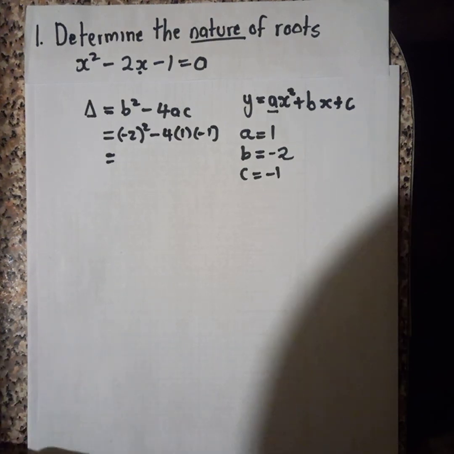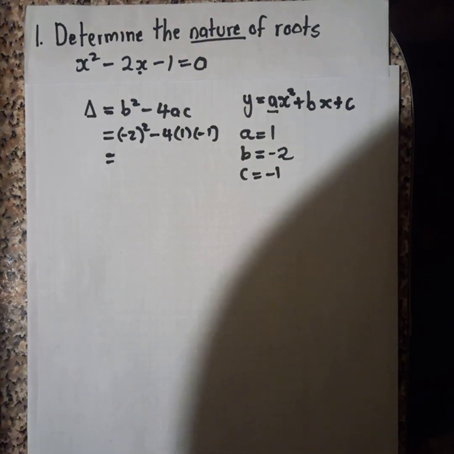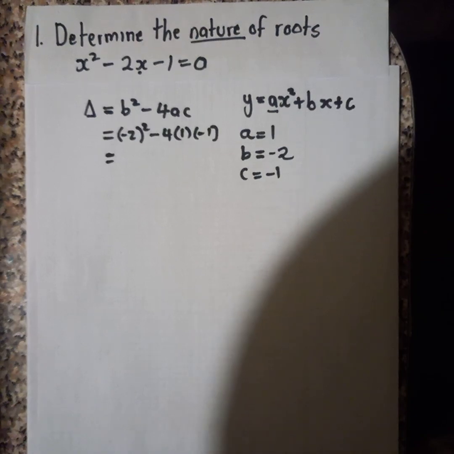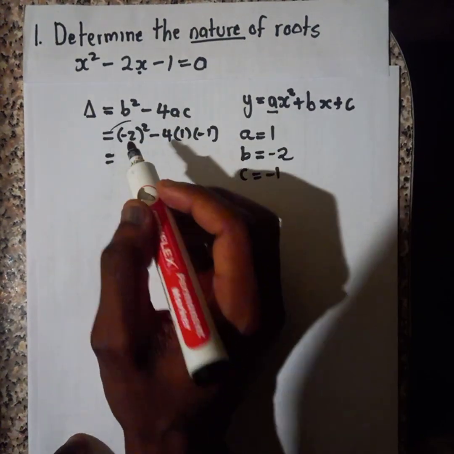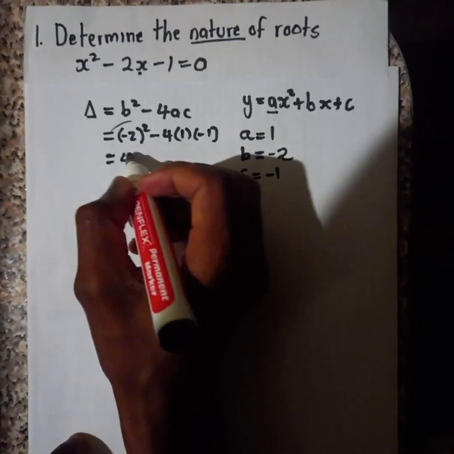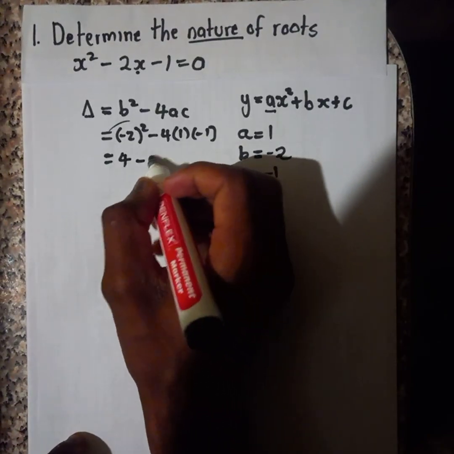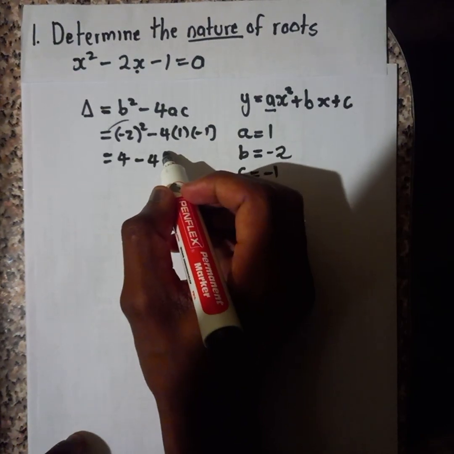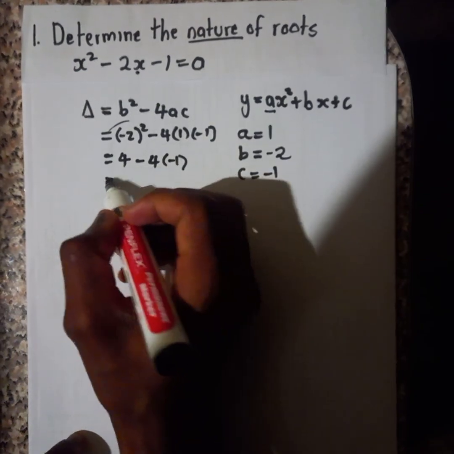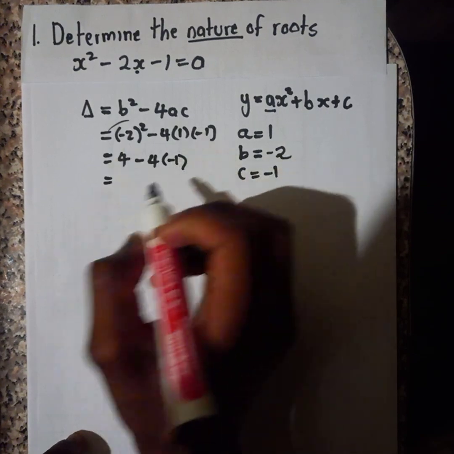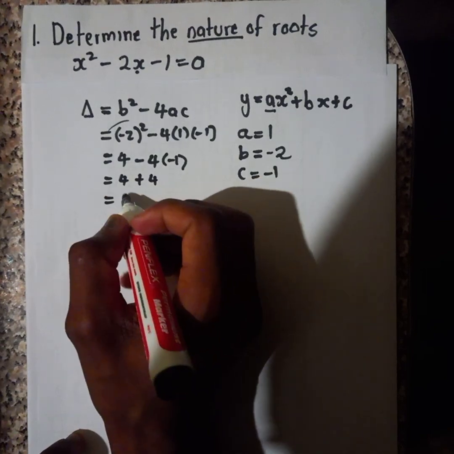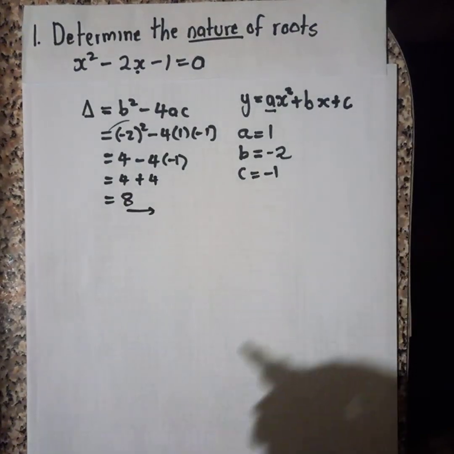Let us use our calculators, my fellow learners. You are going to get 4, then negative 4 times positive 1 multiplied by negative 1, we are going to get negative 1. Then negative multiplied by negative, you get a positive, which is 4 plus 4. Then your final answer is going to be 8.